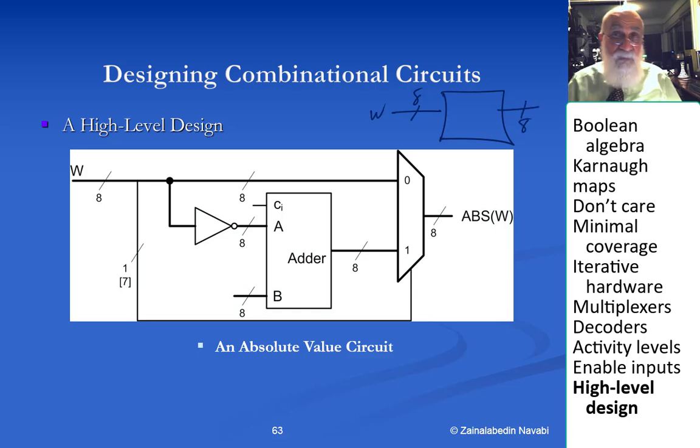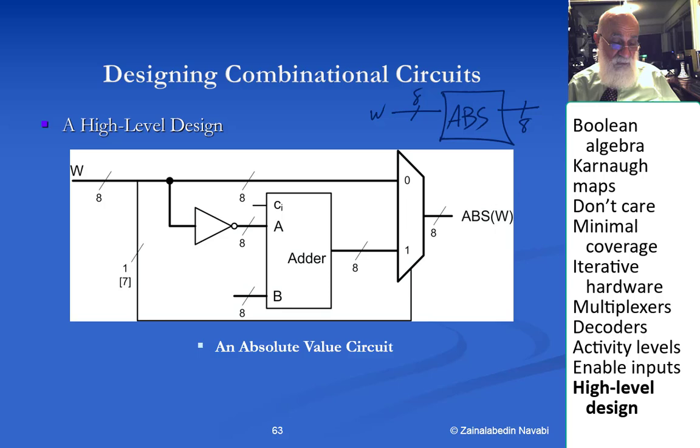How do I do this? Go with Karnaugh Maps? No. You say, well, I have adders, subtractors, multiplexers, comparators, and now I'm going to build this circuit using these upper level components.